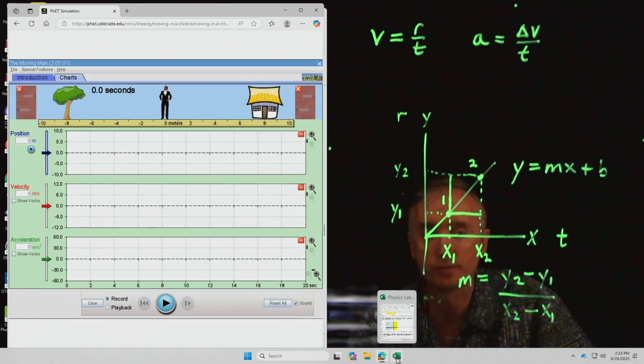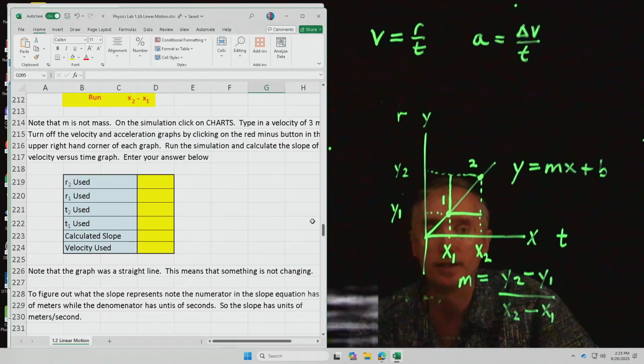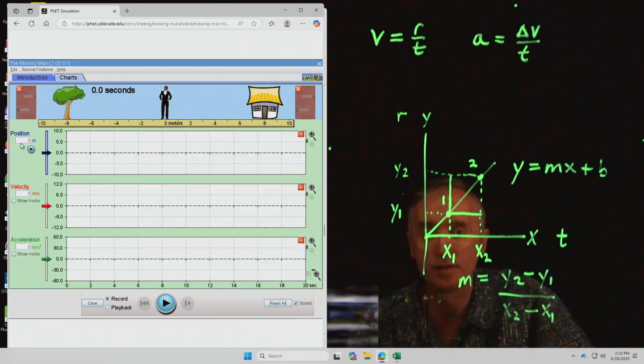So let's go back here. It says to type in a velocity of 3 meters per second. And the acceleration is going to be 0. So we're going to start with 0 acceleration, but a velocity of 3 meters per second. So if we go back to here, the position is 0, so let's type in 3 for the velocity, and then the acceleration is 0.